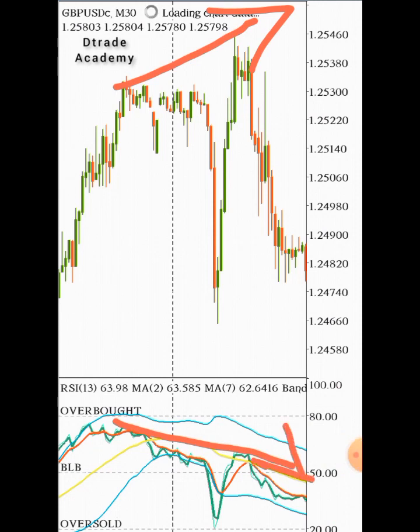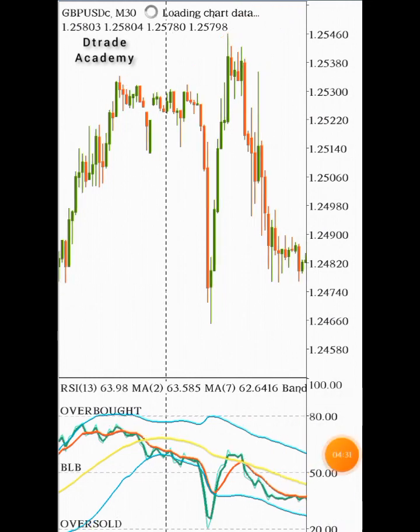So when we are connecting lows on our chart, we have to connect lows on our TDI also. But not right now, we are connecting highs on our chart and on our TDI.